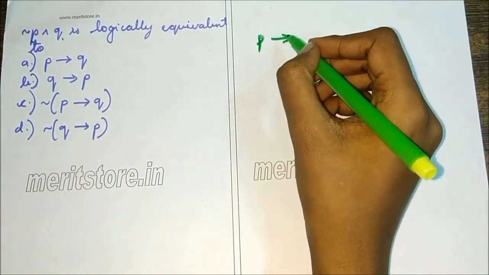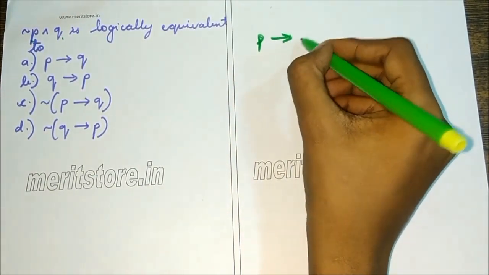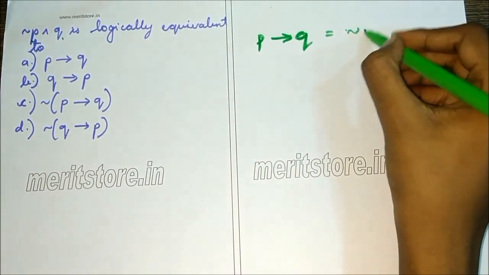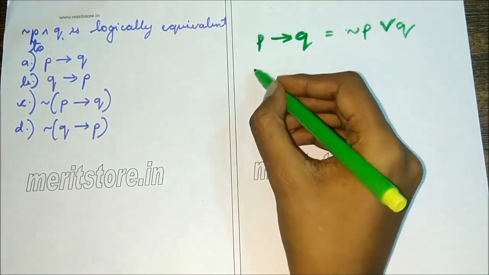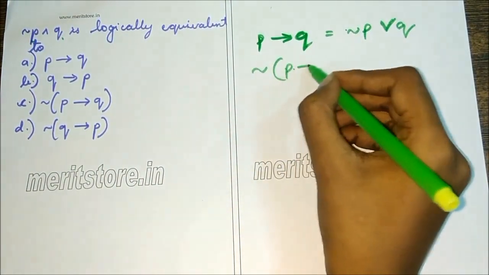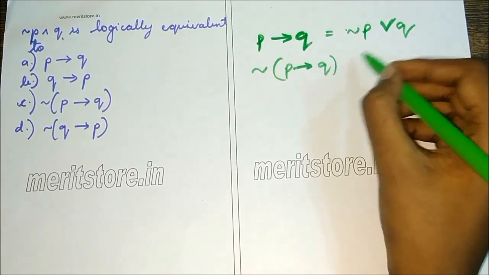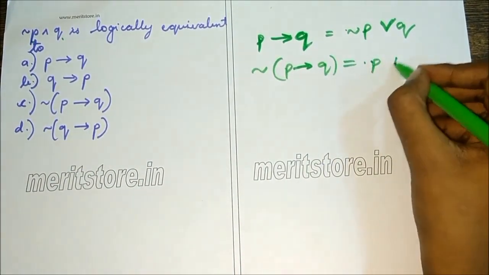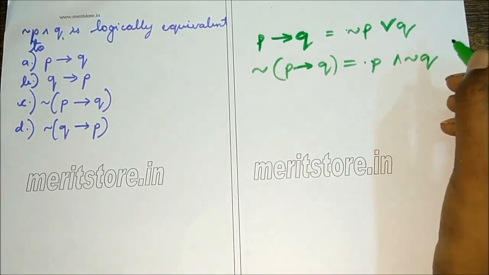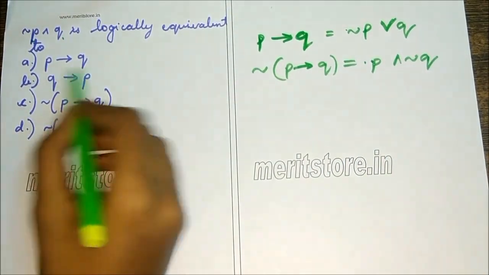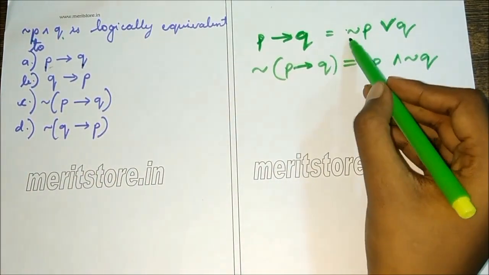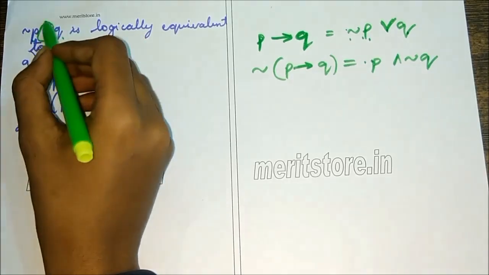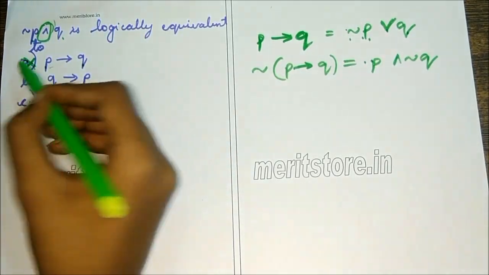As seen from the previous question, P implies Q is the same as negation of P or Q, and negation of P implies Q is P and negation Q. Here we are using an and statement, so this is not the option.